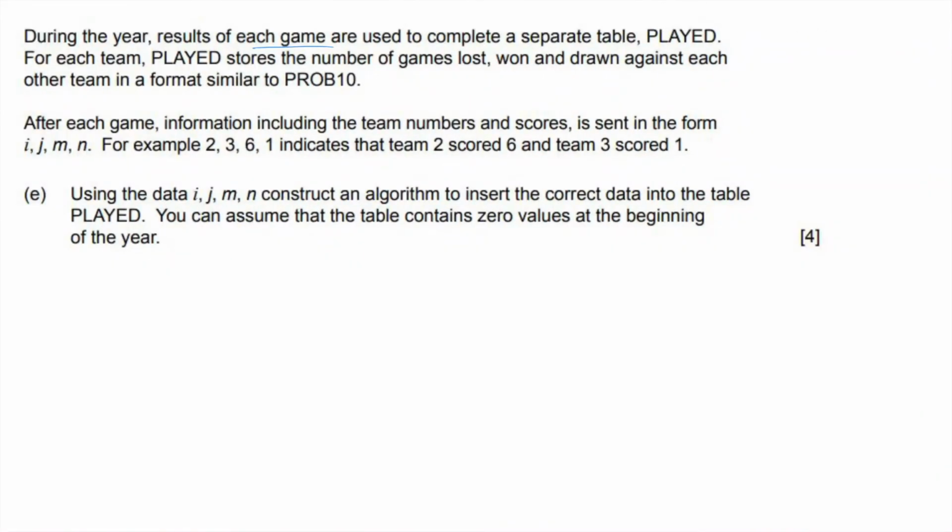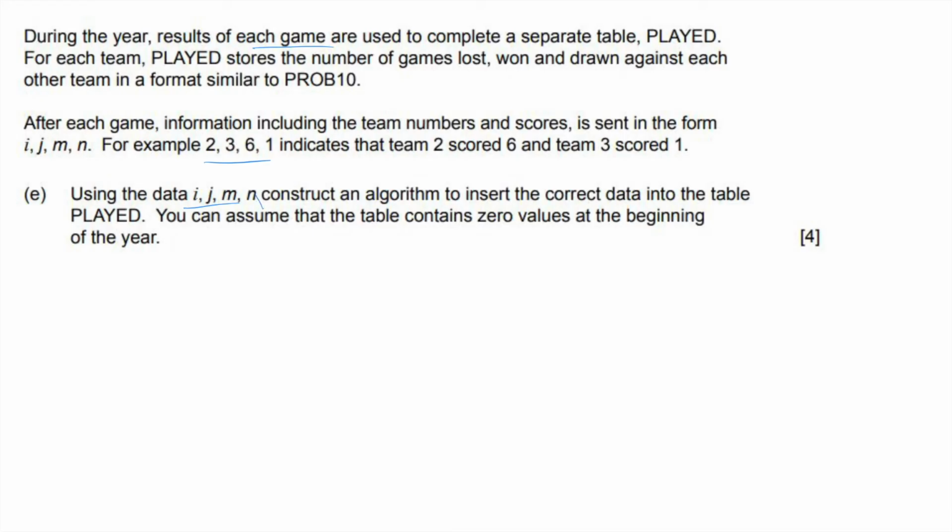After each game, information including the team numbers and scores is sent in the form I, J, M, and N. For example, 2, 3, 6, 1 indicates that Team 2 scored 6 and Team 3 scored 1. Using the data I, J, M, and N, construct an algorithm to insert the correct data into the table played. You can assume that the table contains 0 values at the beginning of the year.